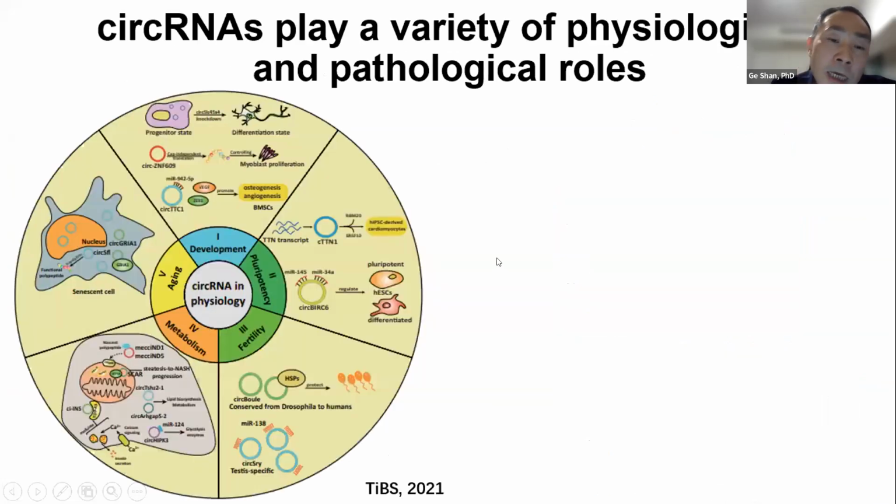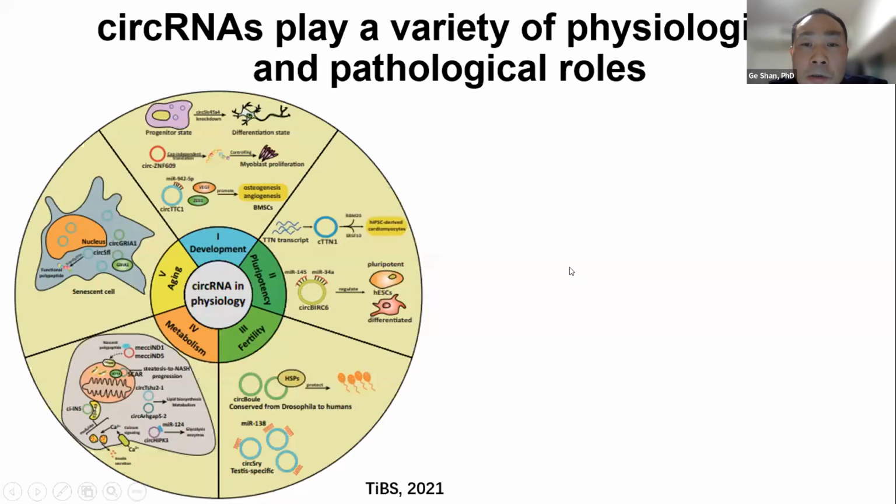Today I talked about four major subclasses of circRNA in animal cells. This is a recent review that we published. circRNAs are now found to regulate development, stem cells, and fertility, like the circBoule RNA I already introduced, as well as metabolism and aging.